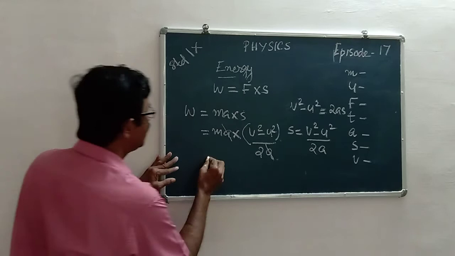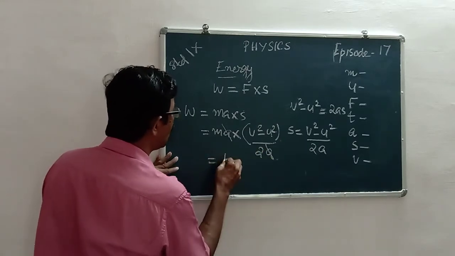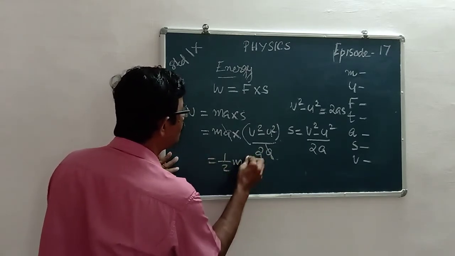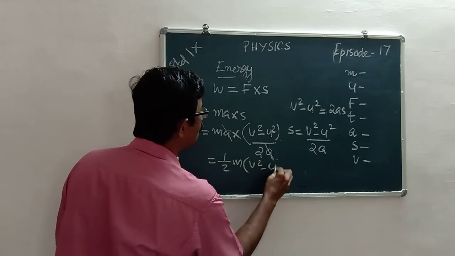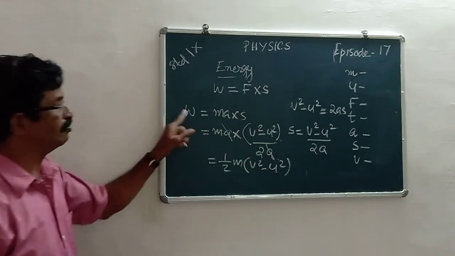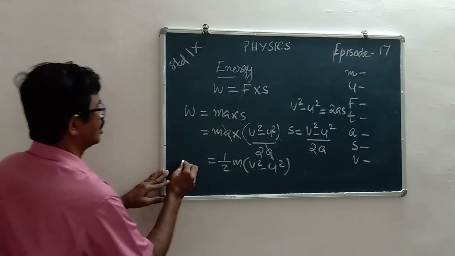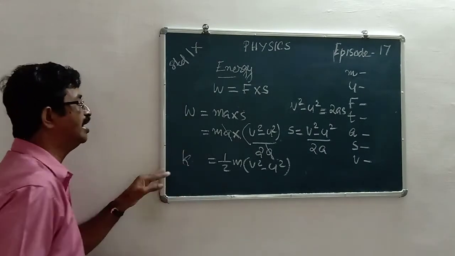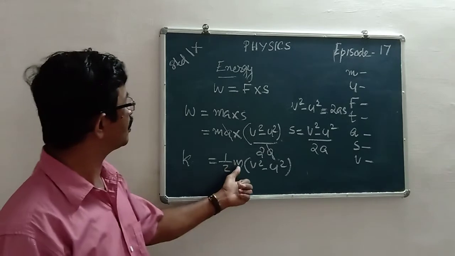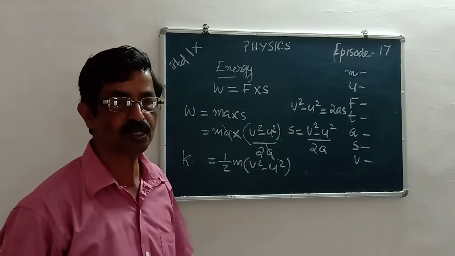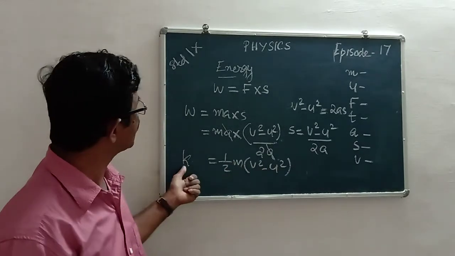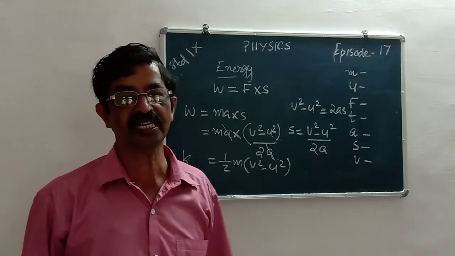So we get half m into v square minus u square. We know the work done is the change in kinetic energy. So kinetic energy K is equal to half m into v square minus u square. So work done is equal to change in kinetic energy.